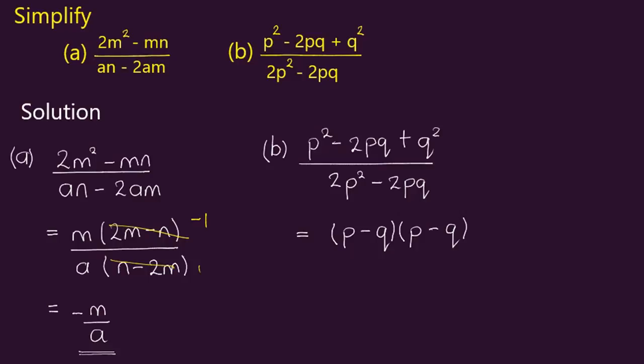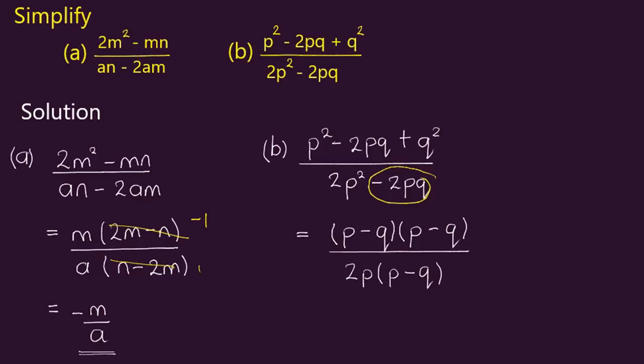So that's our numerator factorized. On the denominator, the highest common factor for 2p squared and minus 2pq is 2p. So we factor out 2p and divide 2p into 2p squared, and we get p, and again we divide 2p into minus 2pq, and we get minus q.